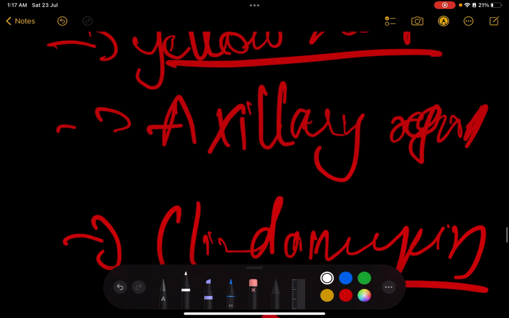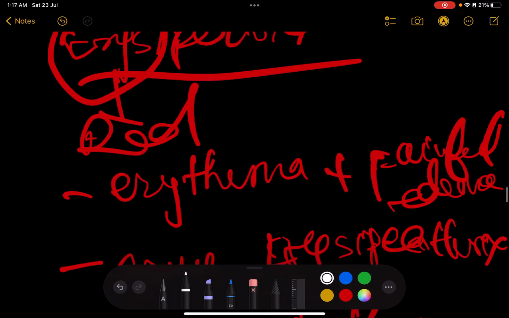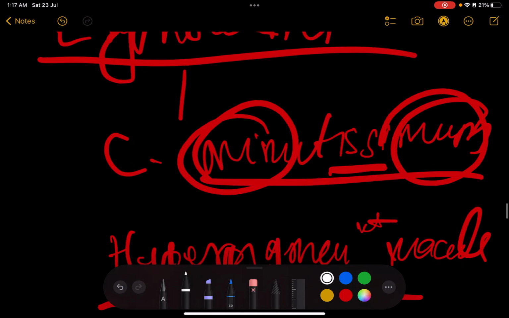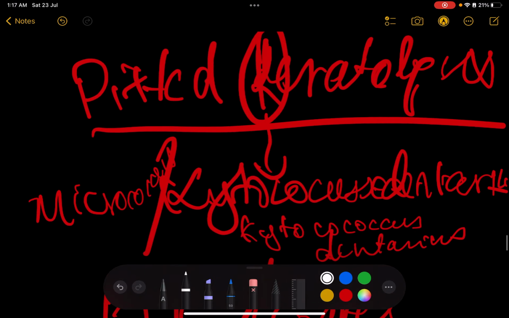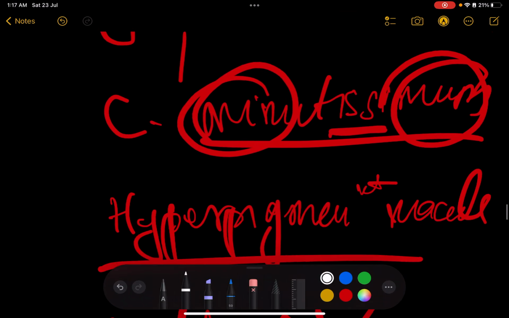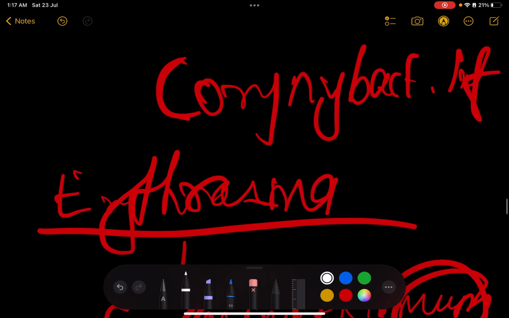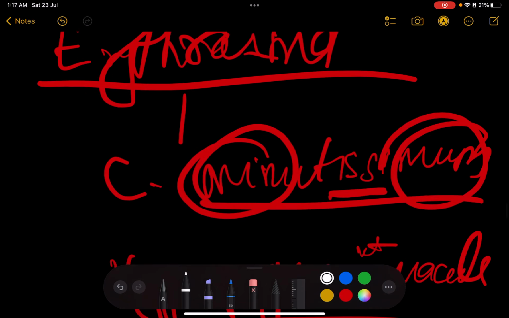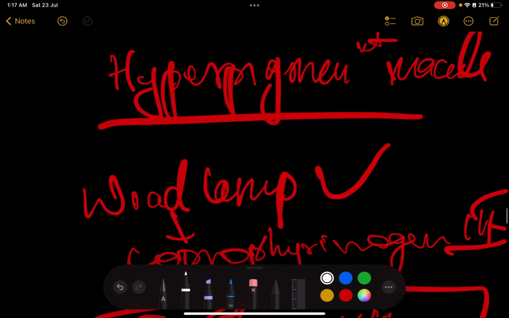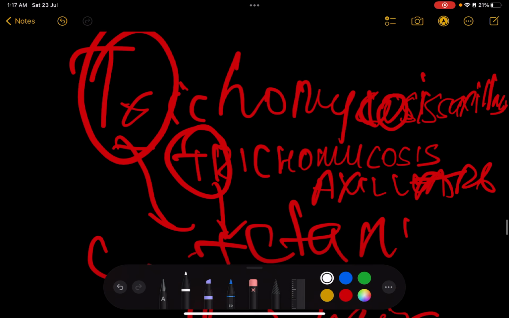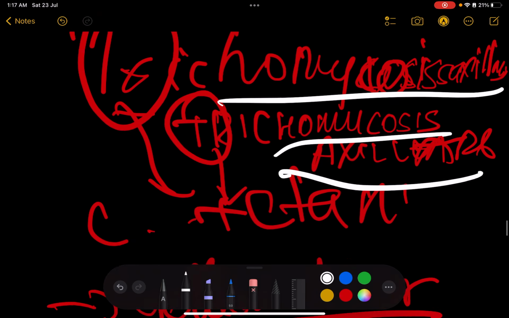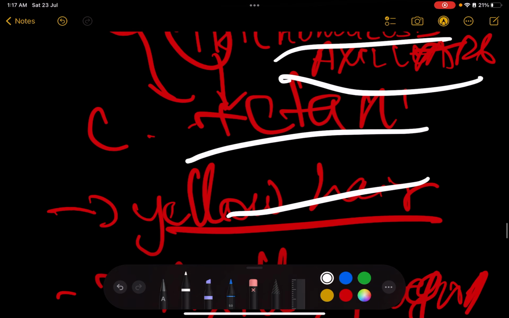So what was new, apart from normal basic microbiology, was the Corynebacterium part, where we saw certain new atypical corynebacteria that were not usually focused upon, because we always check for diphtheria. So we saw erythrasma, we saw trichomycosis axillaris, with yellow hair.